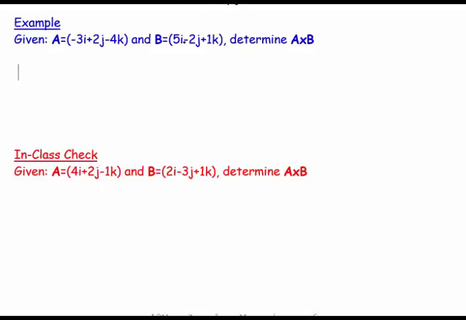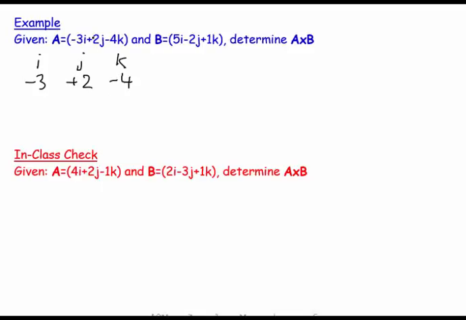And to work these out, there's various different schemas that you'll be shown. This is the one that I was shown when I was a student, and so it's the one that I've used pretty much ever since. My method involves making up a grid. So I have an I, a J, and a K pattern. The order now matters, and it is A cross B. So I must put my vector A down first, and this will be minus 3, this will be plus 2, and this will be minus 4.